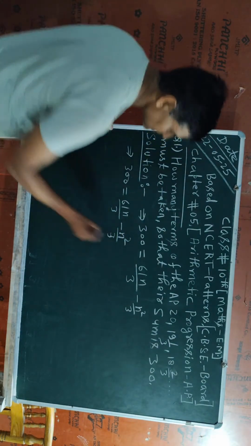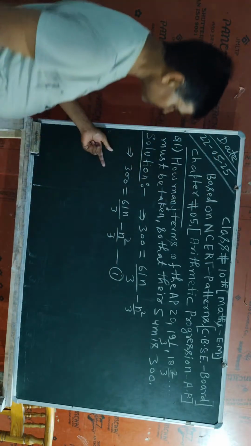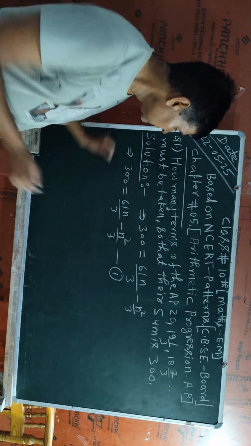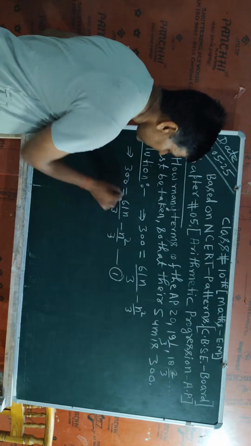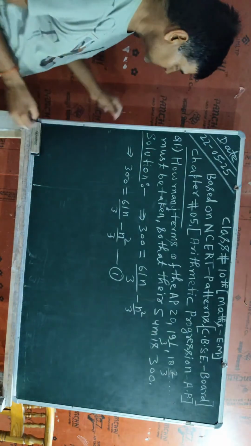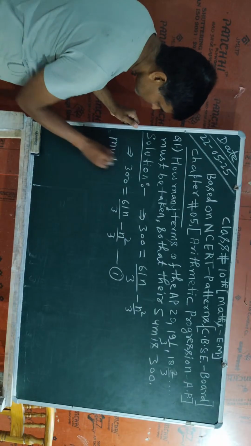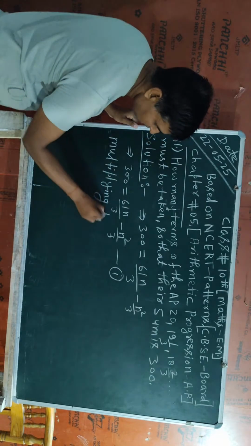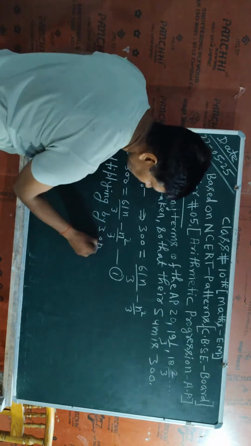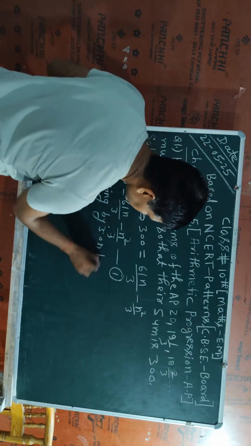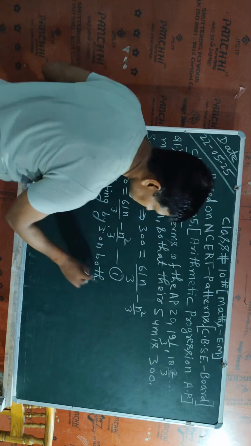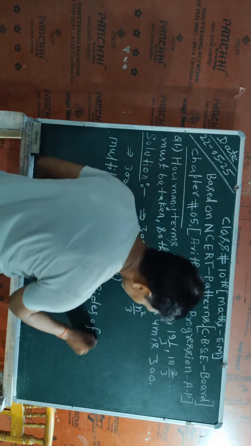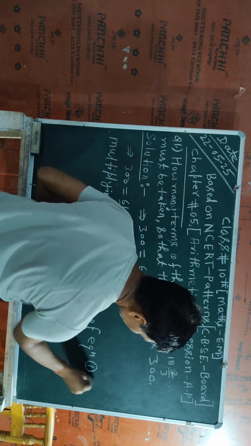Now I will say this is equation number 1, and I will write one statement, and in that statement I will write: multiplying by 3 on both sides of equation number 1 we get.